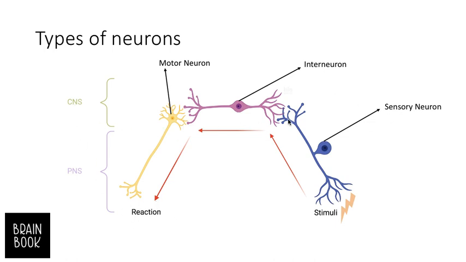You can see that this interneuron and some parts of these neurons are located in the central nervous system, here in the spinal cord. And here, these sensory neuron and motor neuron parts are located in the peripheral nervous system, or PNS.